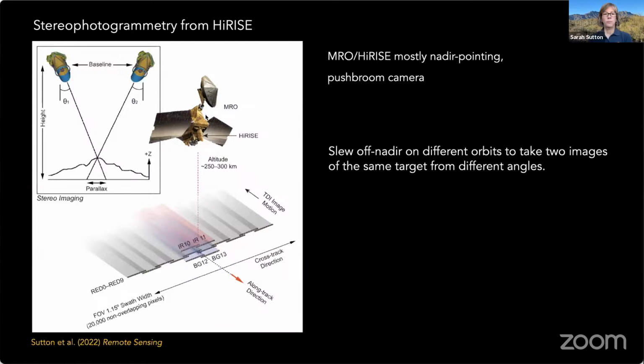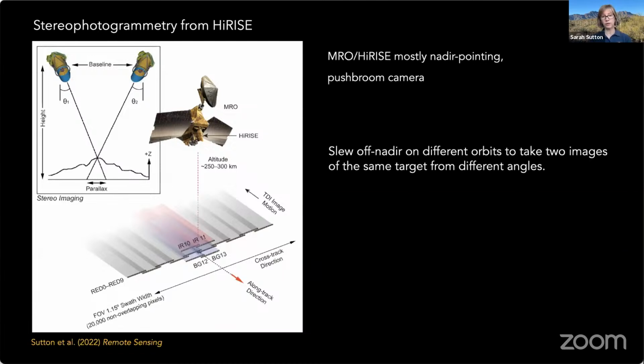So the spacecraft rolls off nadir to point at a surface target. And then we have to wait until we can come around and image that same part of the surface again from another angle. And we calculate these angles and plan the image acquisition so that we can get a good stereo pair, which allows the image pair to be reconstructed in a way that we can estimate elevation.